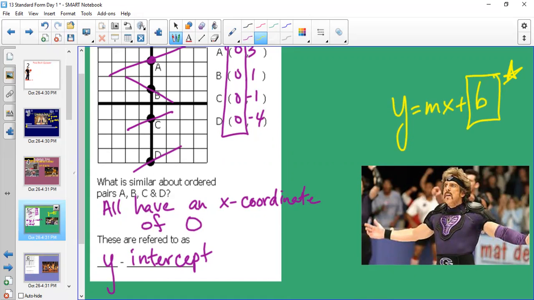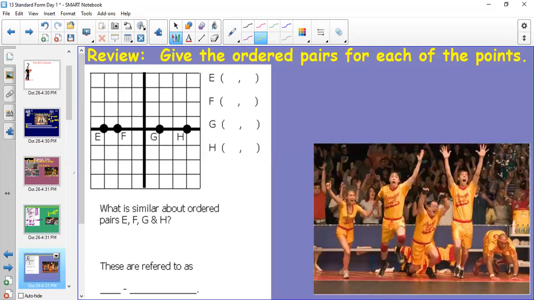But what we're not used to seeing are these. Again, I'm going to write the ordered pair for all 4 of these. E is the point -3, 0. F is -2, 0. G is 1, 0. And H is 3, 0. What do they all have in common?